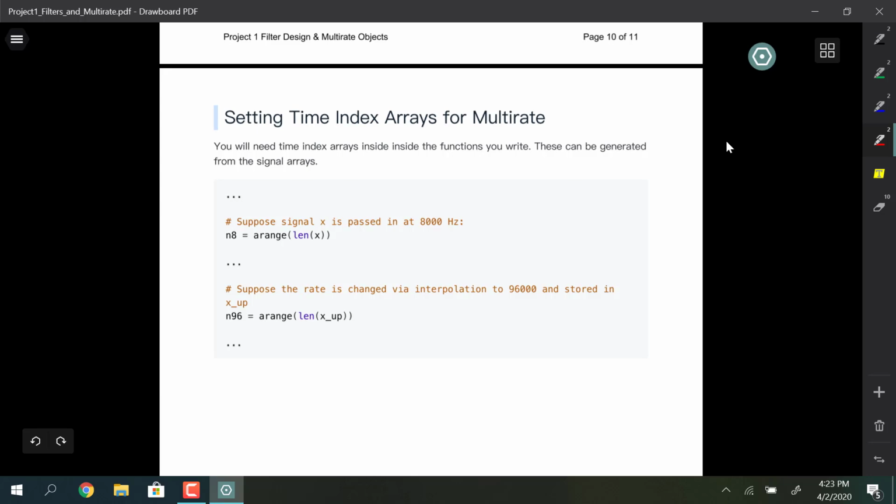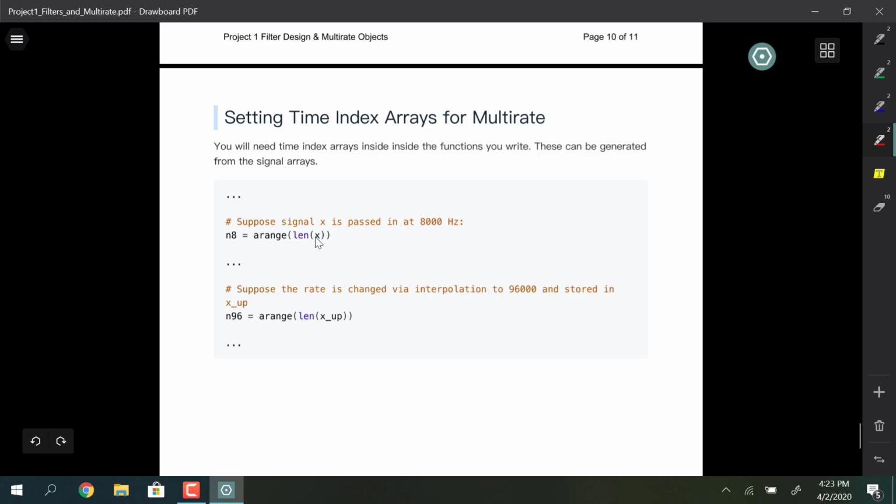The final comment that I had was inside of these functions for the transmitter and the coherent demodulator, you've got to do math operations where you multiply by an array of cosine values or sine values times a signal. What I recommend doing is, when you come into those functions, you create an index array from the length of a vector.